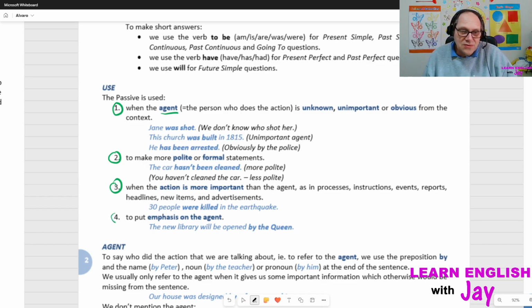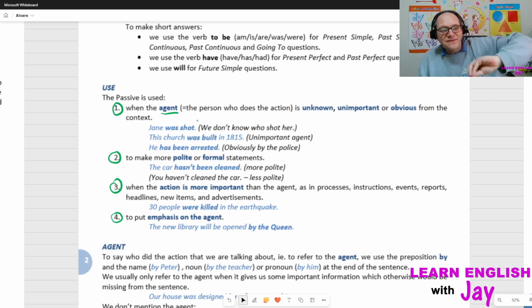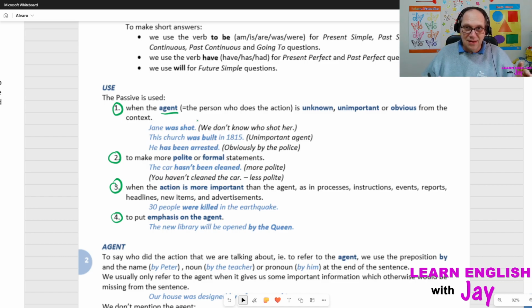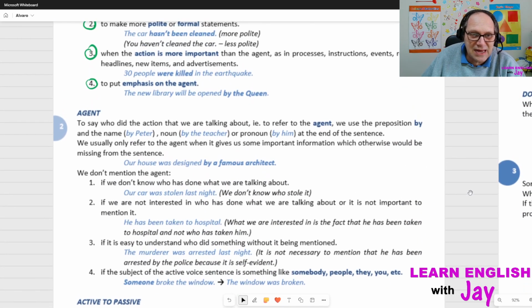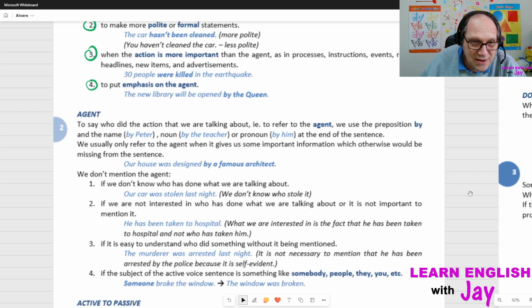Or if we really want to, we can use it to emphasize the agent. The new library will be opened not by anybody, by the Queen. Well, nowadays it will be opened by the King. So if we want to emphasize the agent. So let's have a quick look at the agent, to say who did the action that we are talking about.